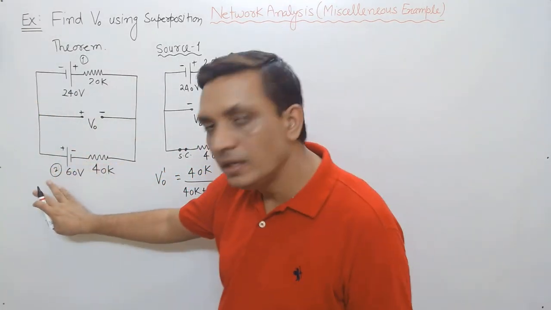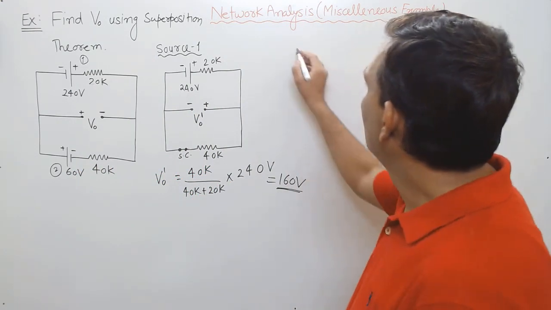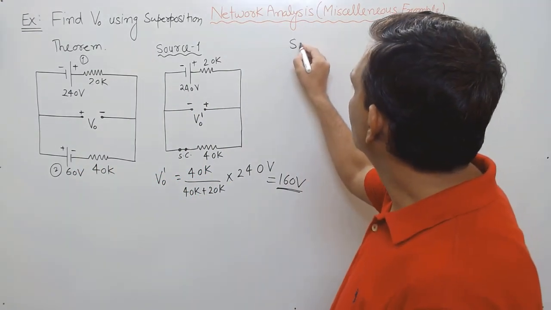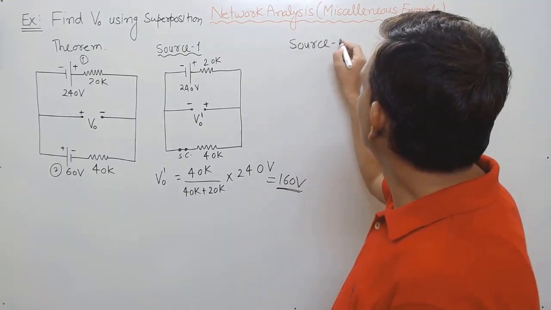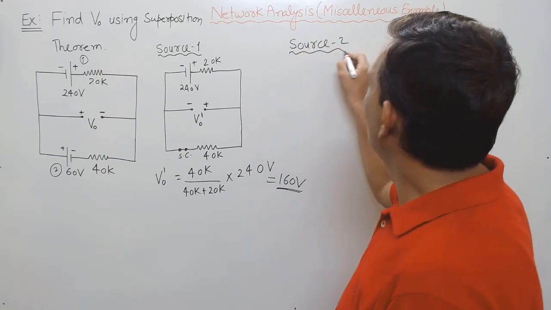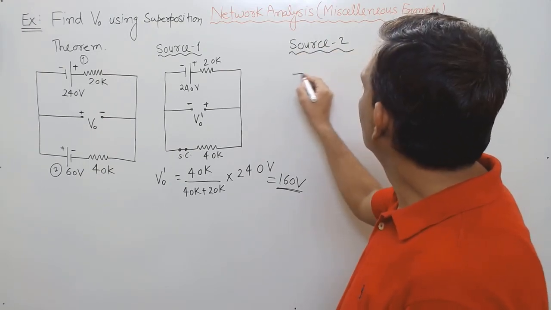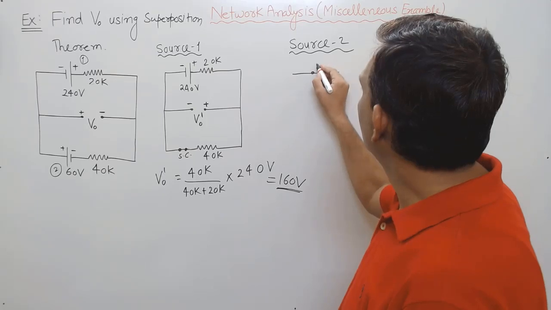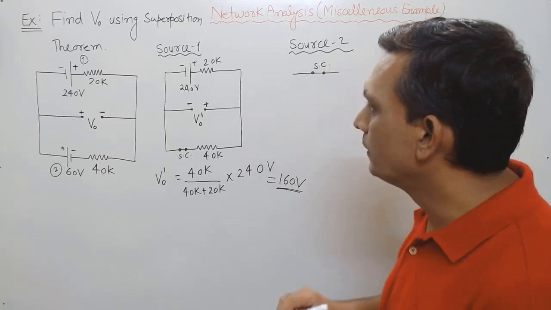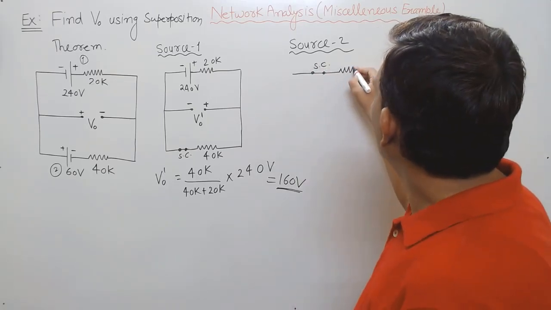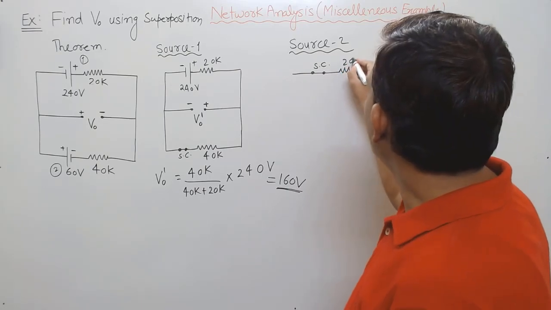Now you have to consider source 2. So if you consider source 2, now source 1 will be short circuited. This resistance is the same 20k.